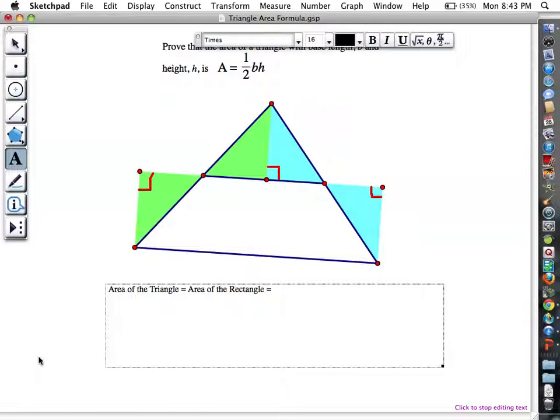And I know that the area of the rectangle equals length times width, which in this case is equal to the original base of the triangle times, in parentheses, the width of the rectangle.